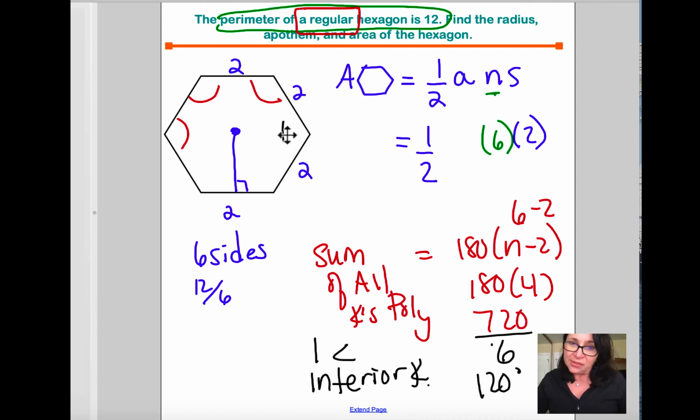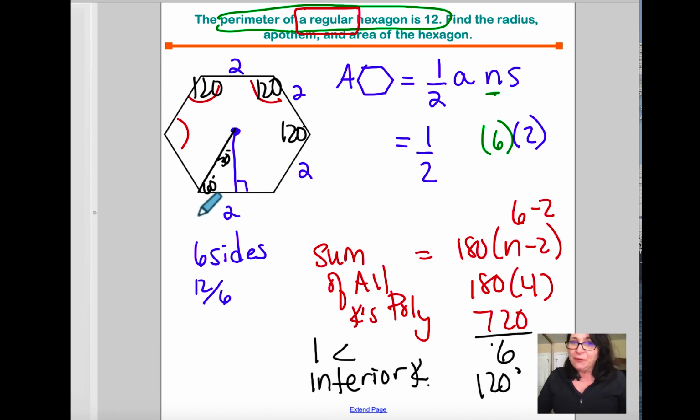So that means this angle is 120. This angle is 120. This angle is 120, etc., all the way around. And that means that if I take my angle here and I split this up like that, this angle is then 60 degrees, which means, so fun, that I have a 30-60-90 right triangle within my hexagon.